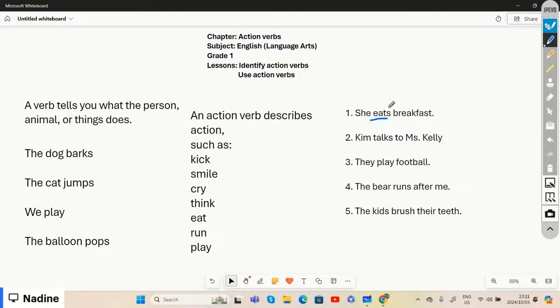All right. If we look at the next one, it says Kim talks to Miss Kelly. We need to identify the action verb within that sentence.